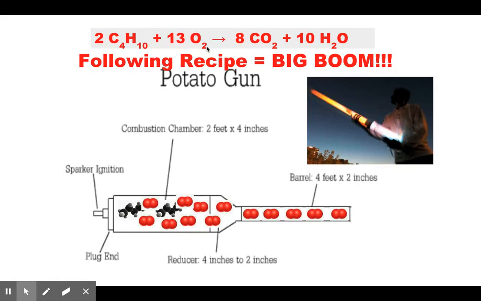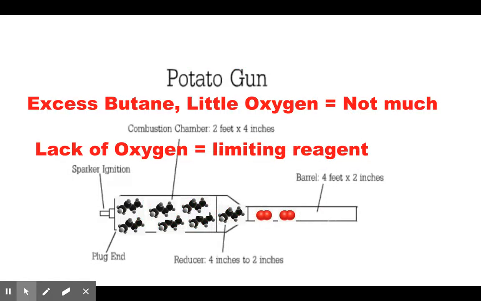So, how can we explain then the observations that we made with our lab demo? Think about this. With an excess of butane, there is less oxygen. So too much butane is going to have too little oxygen, and we are not going to have an ideal reaction.